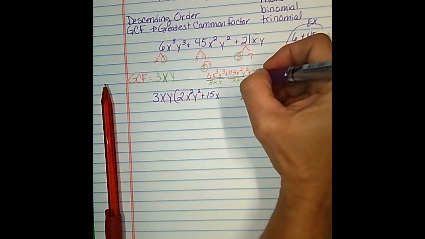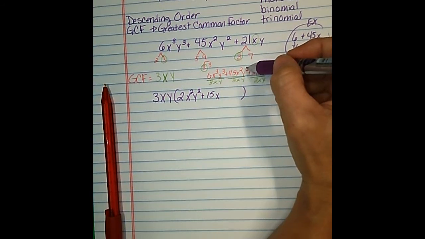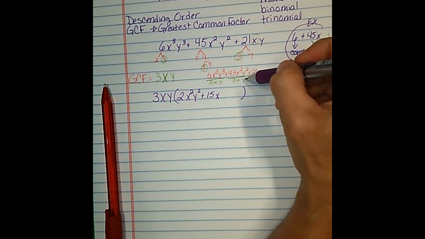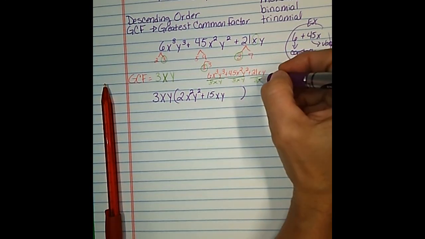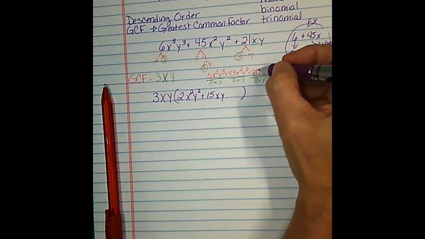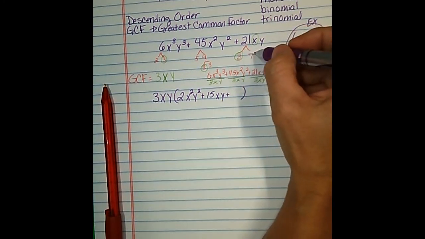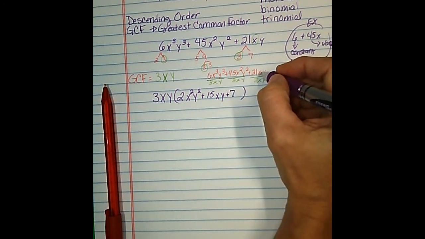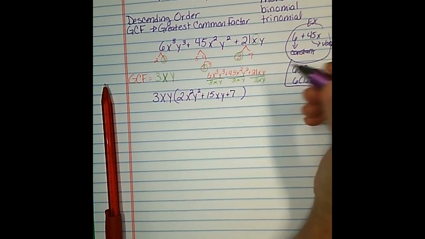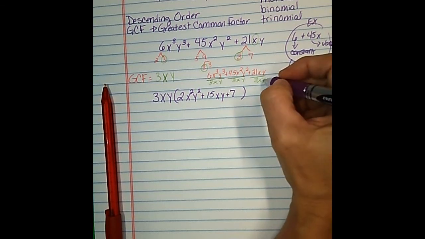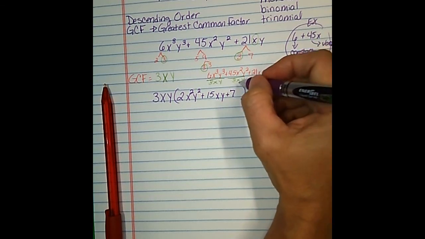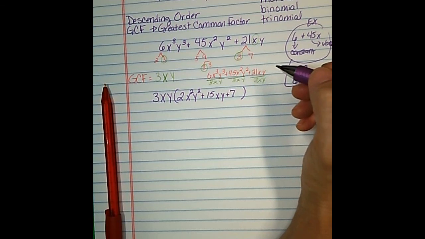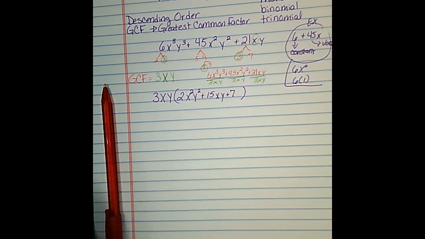I got y squared divided by y, so that means a power of 2 minus 1. I have a positive 3 divided into 21. And if I go back to my prime factors, I notice when I take out the 3, I'm left with 7. X goes into x 1 time. 1 times 7 is just 7, right? Y goes into y 1 time. 1 times 7 is just 7. And that is my factored form.